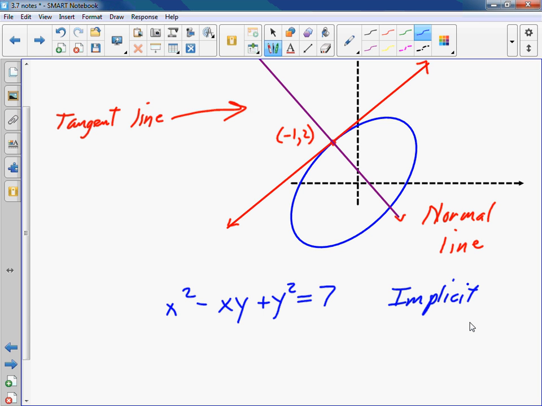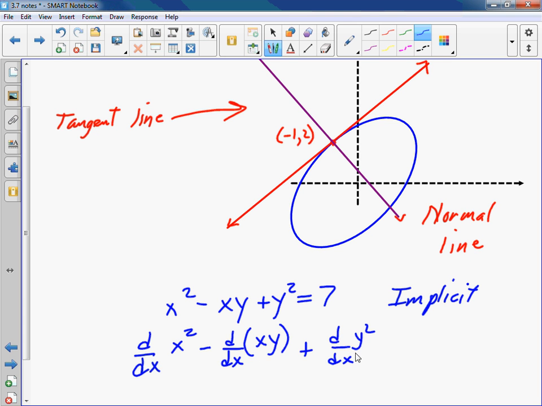So we'll take the derivative here, dx, the derivative of x squared with respect to x, minus the derivative of xy with respect to x, plus the derivative of y squared with respect to x.